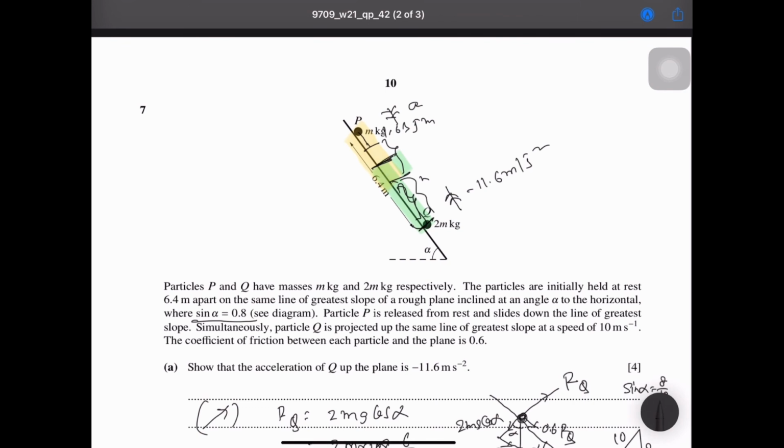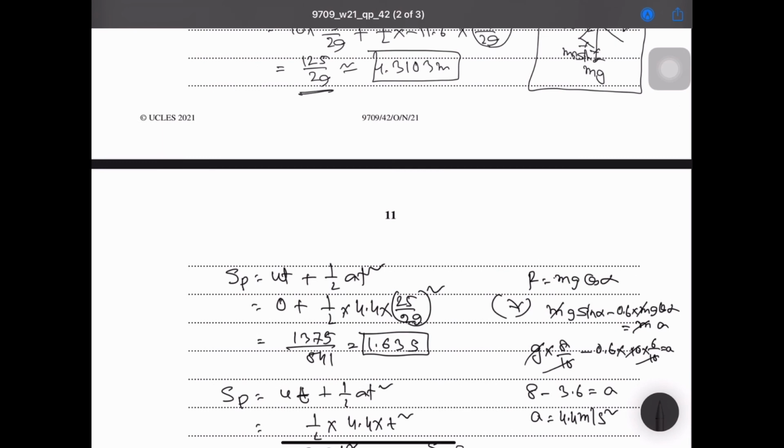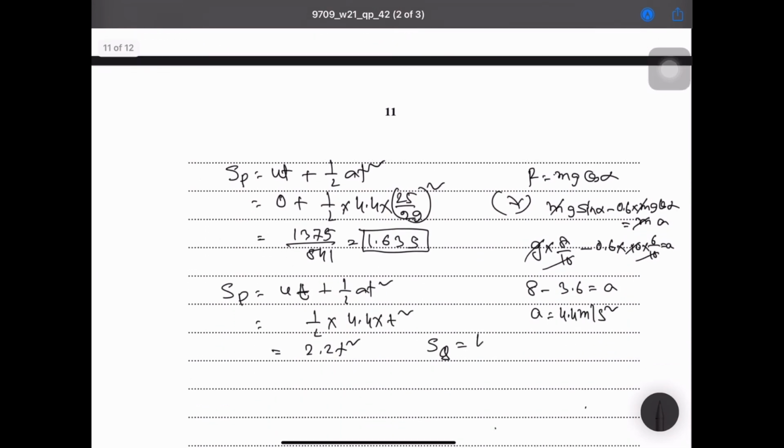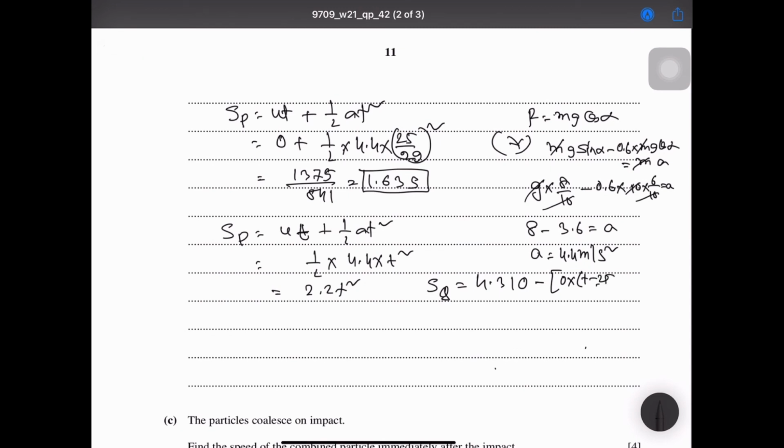This is the displacement for Q: SQ equals 4.310 minus 0 times (t minus 25 by 29) plus half into 4.4 into (t minus 25 by 29) whole square.